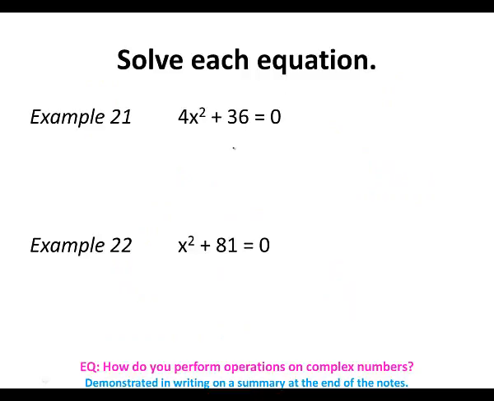All right, we got to solve. What am I going to do to move the 36? Subtract it. So in the past, you've been told you can't do a negative under a radical, right? We changed that today. What am I going to do to move the 4? Divide it. What do we get? 36 divided by 4 is negative what? 9. How do I undo this squared? Square root.